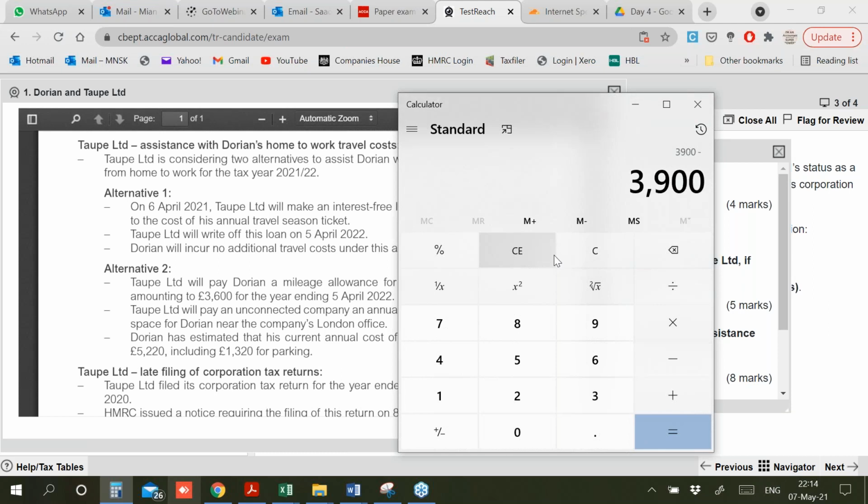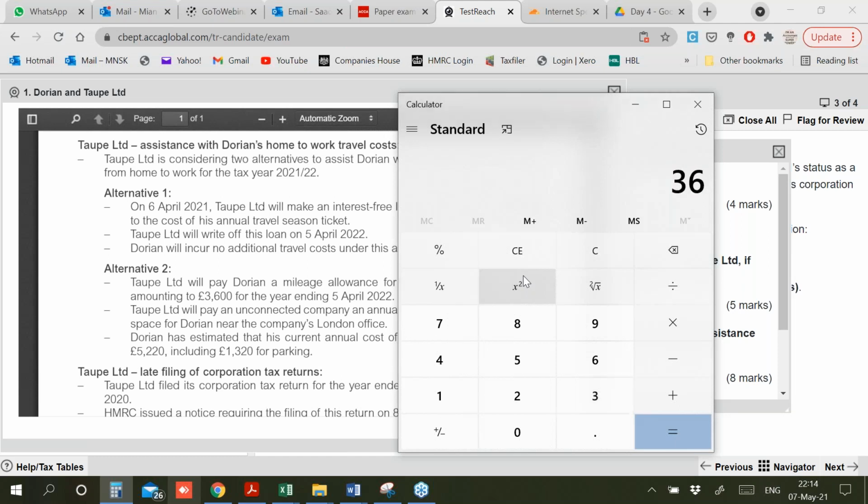On top of that, the company will pay him the 3600 pounds as well. So he will just have to incur 300 pounds from his pocket. That is one cost that he has to incur. Secondly, I have told you guys that if the mileage allowance is provided for the commute from home to work, it is not regarded as business travel, so it will be a taxable benefit in kind.